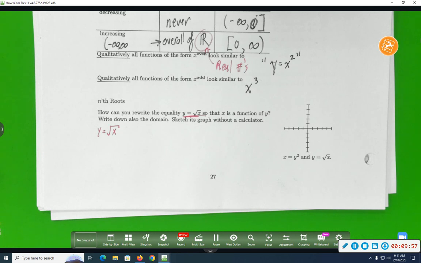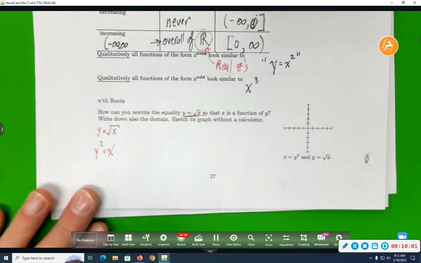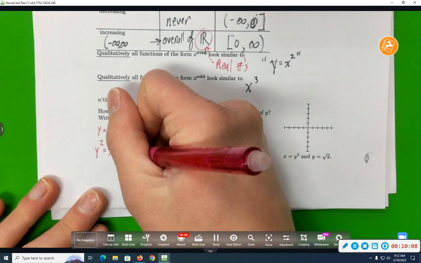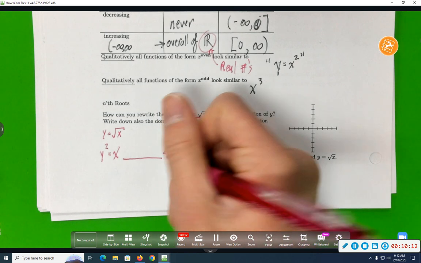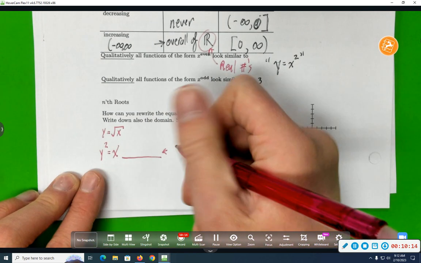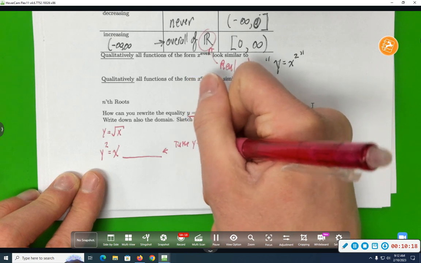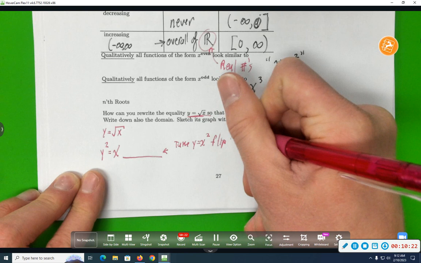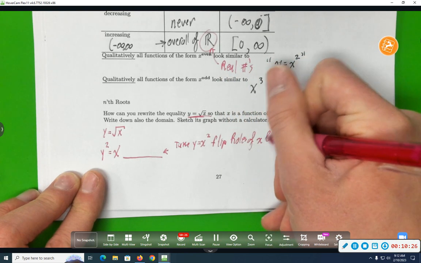Something like that? And I'm going to put a blank here because there's going to be another detail I add. So this sure looks like what you would get if you were to take y equals x squared and flip the roles of x and y.